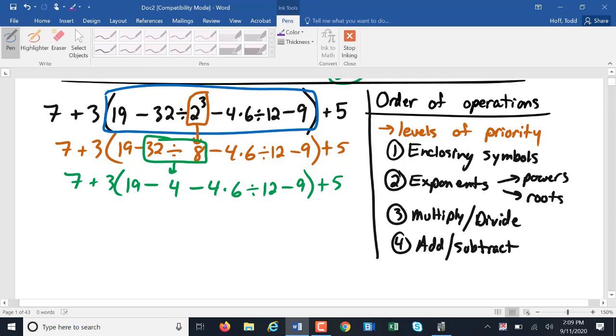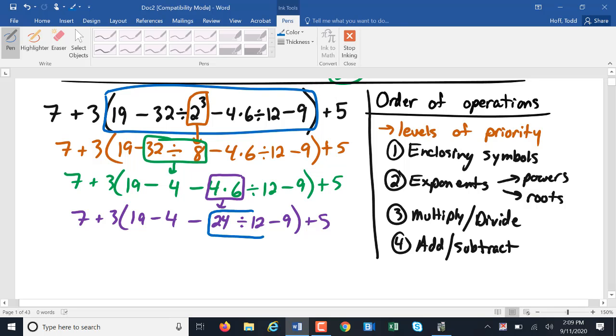So still inside the parentheses, we're still at multiplication and division. Going left to right, we have 4 times 6, which is 24. And once again, we rewrite the rest of the problem. Still inside the parentheses, we have one more multiplication or division.